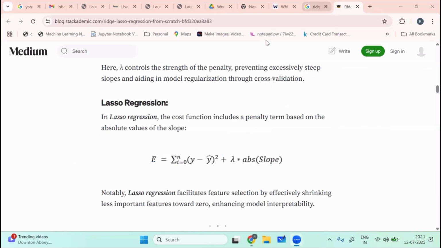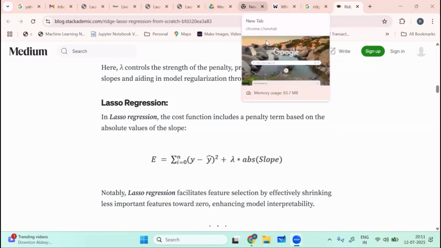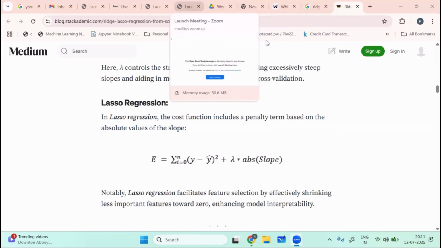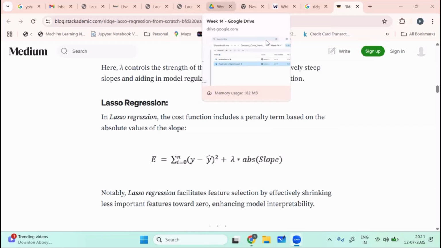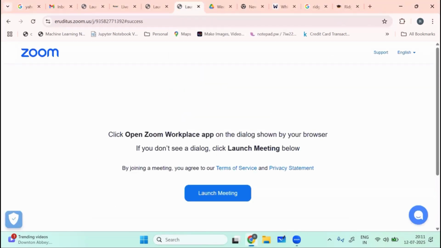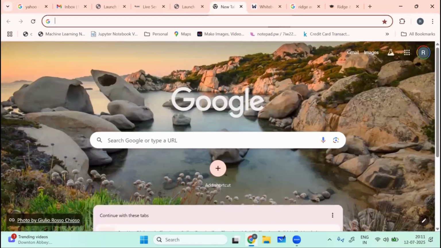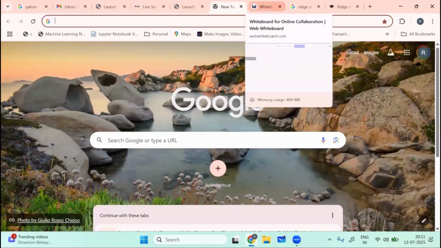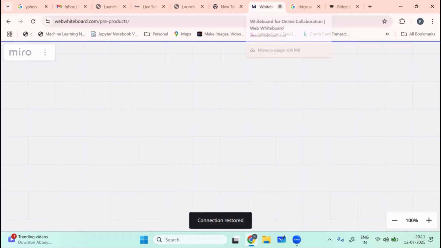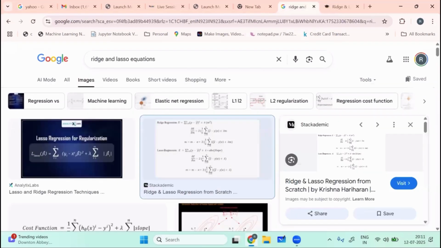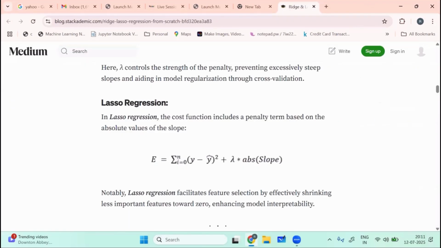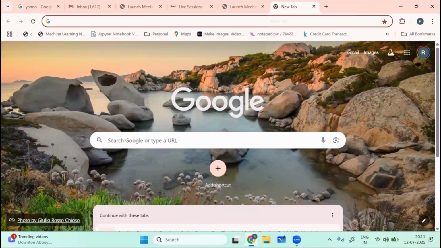Now let me come back to the presentation so that you can go through that very quickly, and let's do that exercise. This is to be closed. This to be closed.